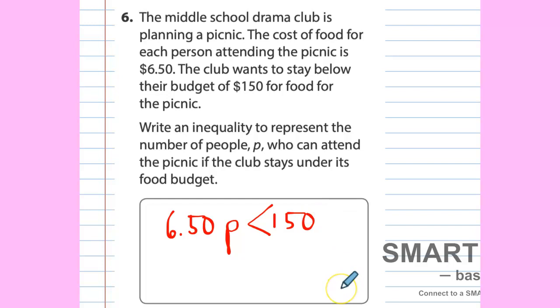If you want to rewrite this the other way around, 150 should be greater than 6.50 times P for the number of people. Whatever you have here should be less than this, because it says it should stay below the amount of 150. So 150 is the most that we could get. It's not equal to or less than 150, but it should be less than 150.